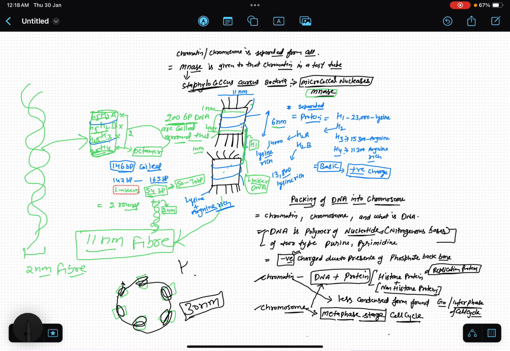like here, like here, a protein, histone regulator, known as the histone regulator.